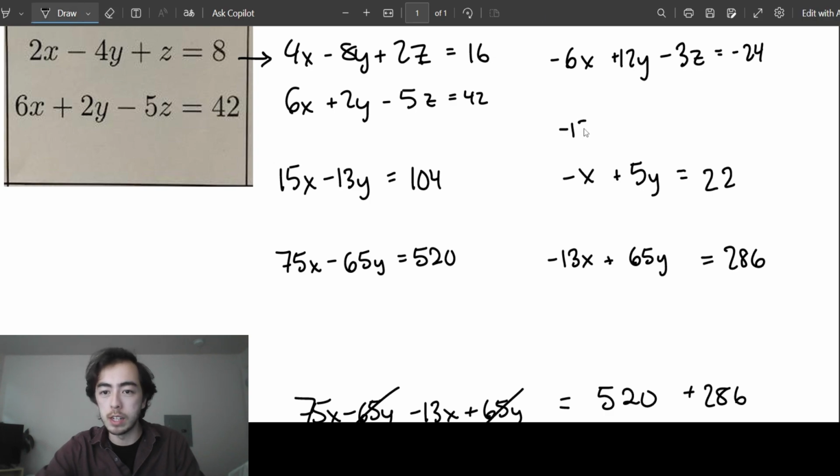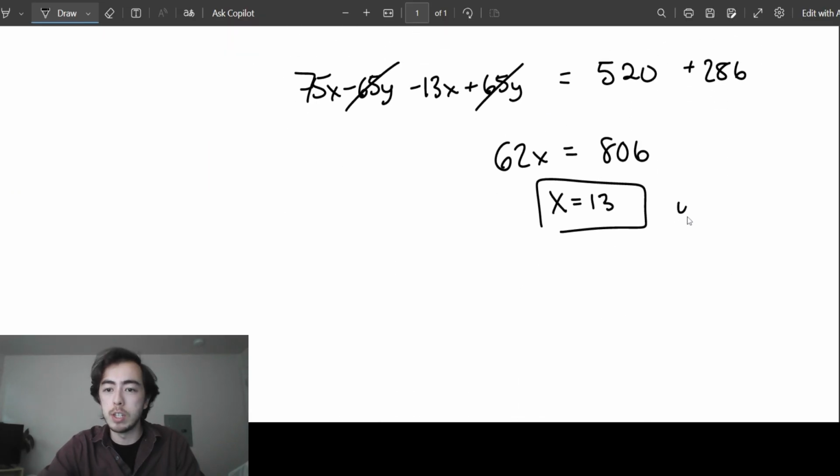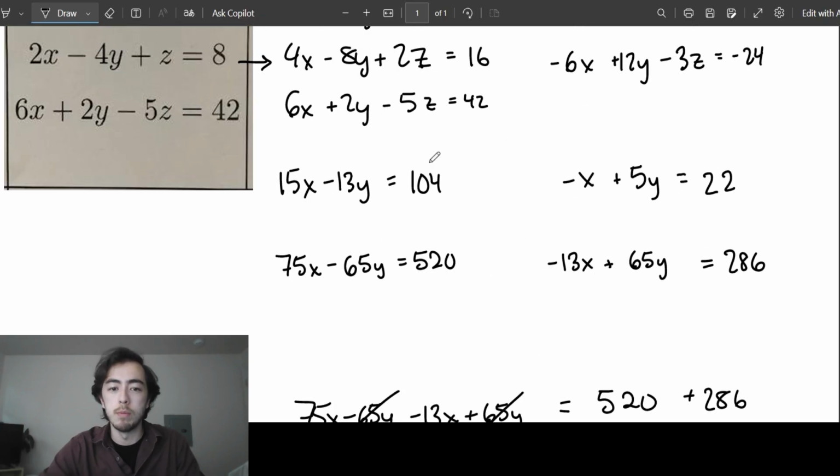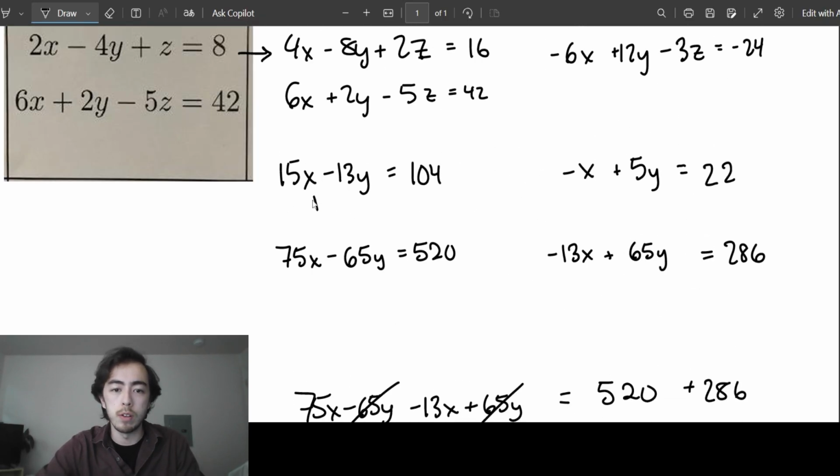Kind of thinking like negative 13 plus 5y equals 22. I could add the 13 to the other side, so I get 5y equals 35. Cool. Y is now equal to 7. And I guess I should just double check that this works for my other equation, just for good measure. So supposedly, if I plug in a 13 here and a 7 here, I do get 104.